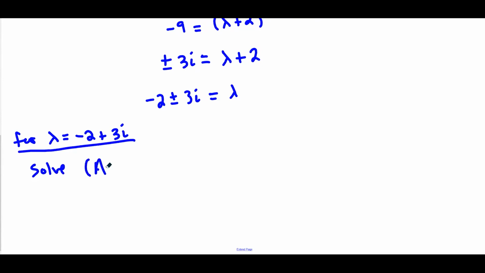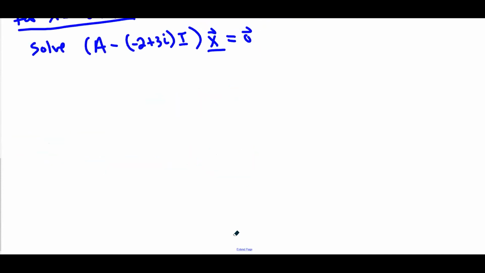We need to solve A minus (-2 plus 3i) times I times the eigenvector x set to 0. We're going to solve for this x. That's our eigenvector.